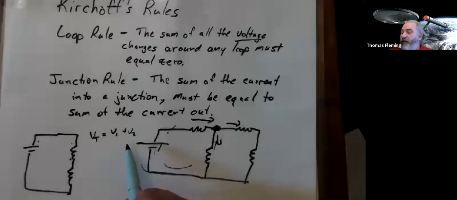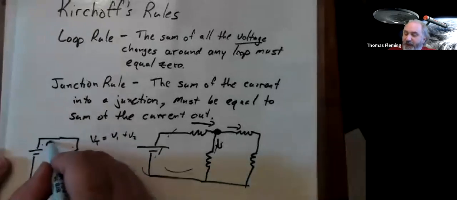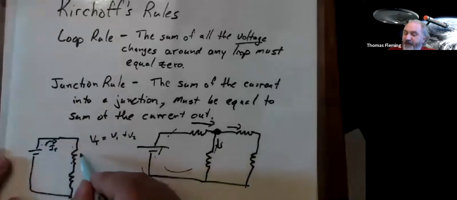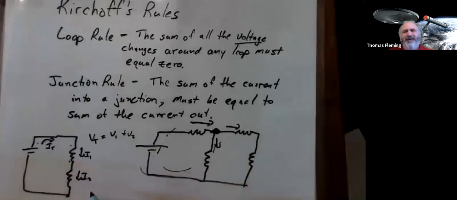We also said that in this circuit, when I had 2 things in series, the current coming out, I total, had to equal I1 and also had to equal I2. Well, we were kind of using the junction rule for that, because in this circuit there aren't any junctions, right?